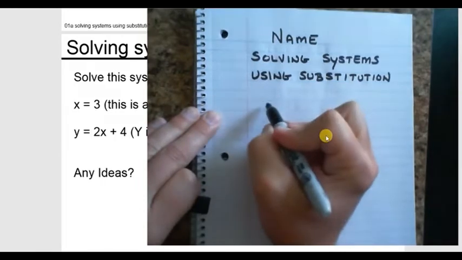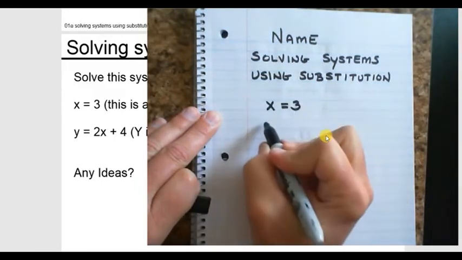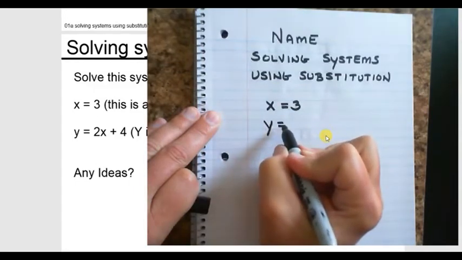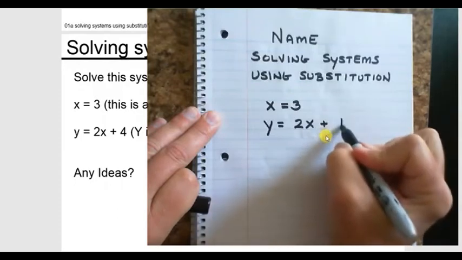And we're going to remember how to do this. If x equals 3 and y, this is a slope-intercept equation, equals 2x plus 4.